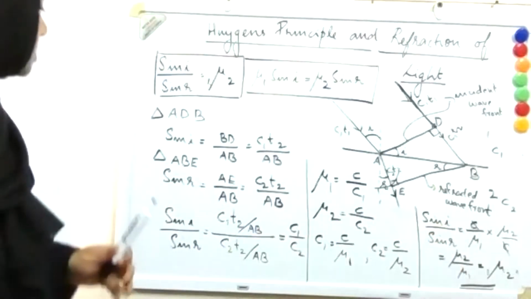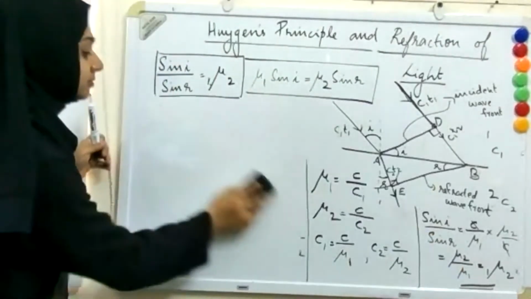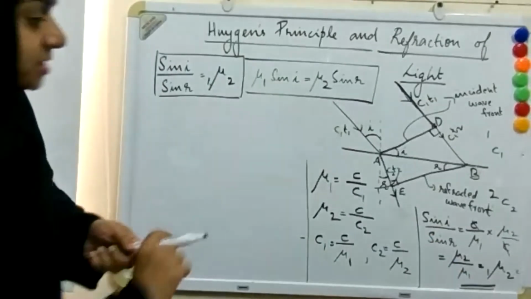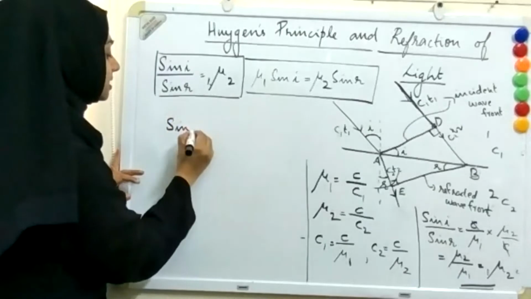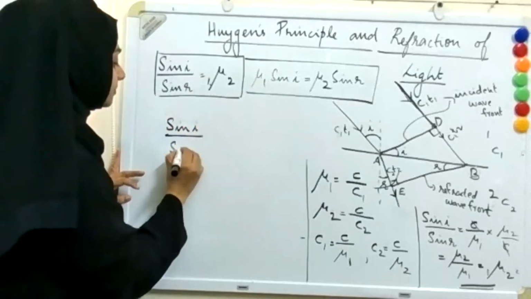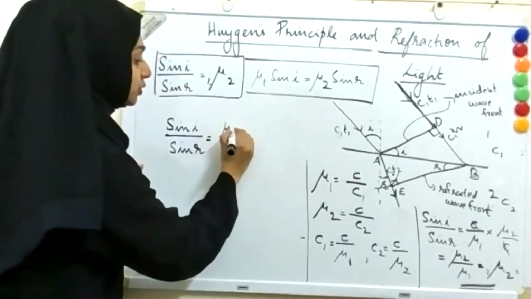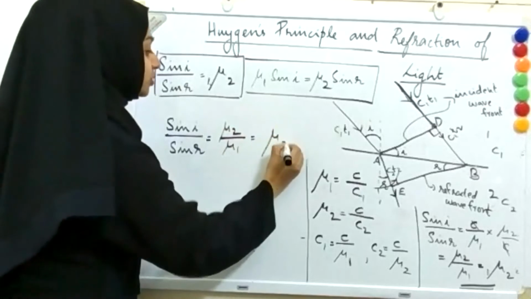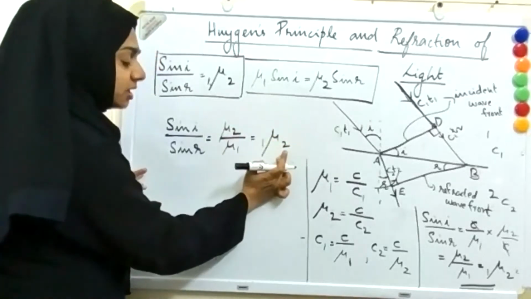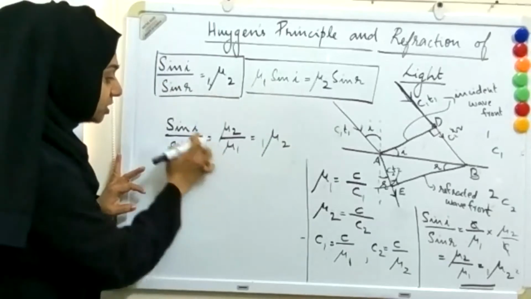So let me rub this part, and I'm going to write here sin i by sin r. Sin i by sin r is equal to, from this equation, mu2 by mu1. Either you can write this as mu2 1, refractive index of second medium with respect to first medium, or you can cross multiply.